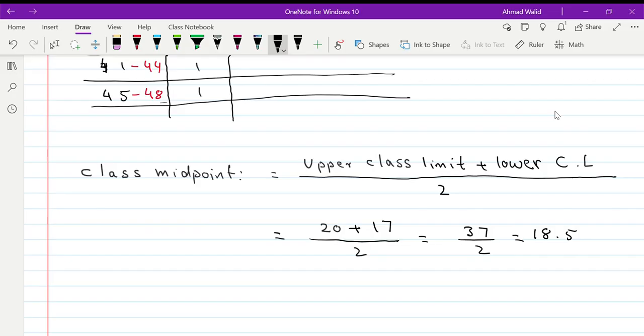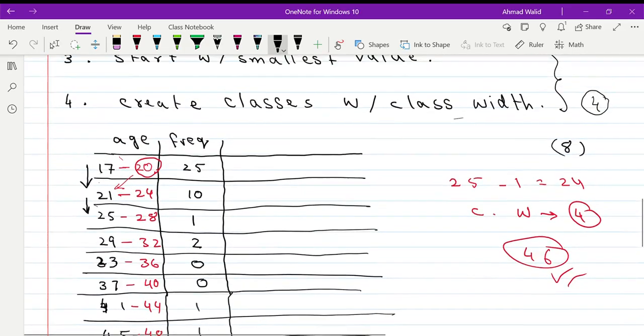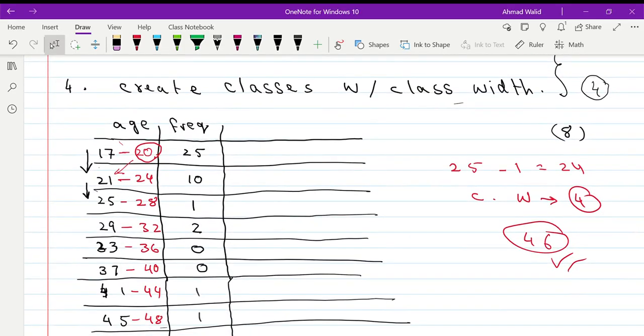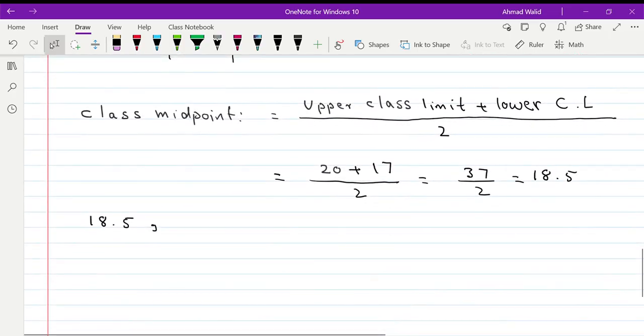Now, if I want to make a list, and the first midpoint is 18.5 in the first class, what will be the midpoint of the second class? You can go two ways. You can add 21 with 24, then divide by 2. Or, we are living in the 21st century. I know my class width, which is 4. The easy way is to add this 4 on this, which gives me 22.5.